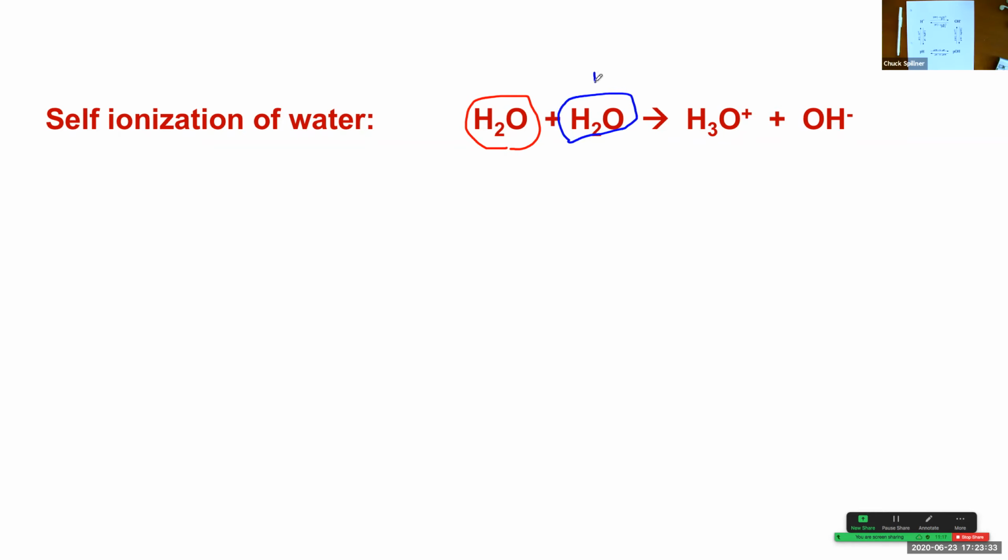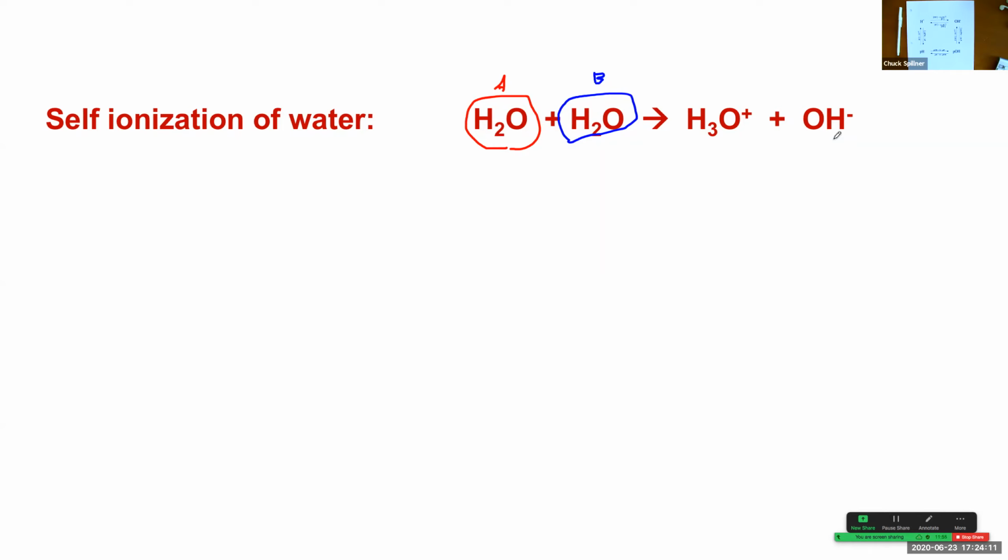So if this is the base, and the other one is the acid, that means a proton is going to leave the acid and go to the base, which maybe it went the other way, but that's okay. We're going to end up with a hydronium ion and a hydroxide ion. And this doesn't happen to a very large extent because, like we all know, water does not contain ions.